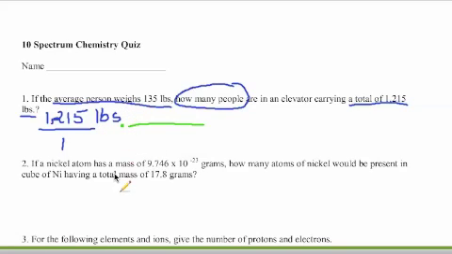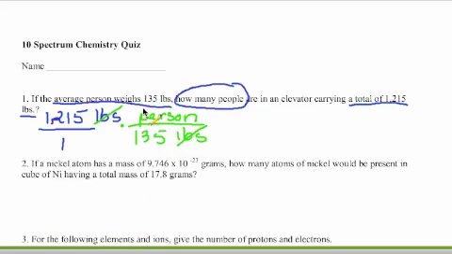Because I have pounds in the numerator here, I'm going to put the 135 pounds on the bottom per person, which is singular for people, on the top. And then I'm going to take a look at the units. I have pounds in the numerator, I have pounds in the denominator, and they will cancel.